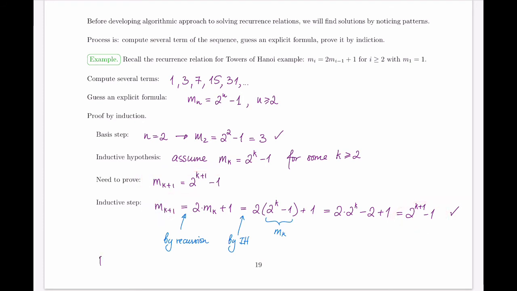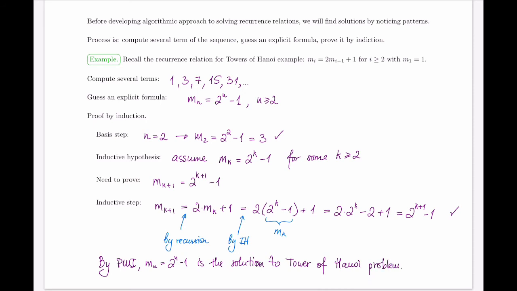And therefore, we can state that by the principle of mathematical induction, m sub n equals 2 to the n minus 1 is the solution to the recursion that was the solution to the towers of Hanoi problem.